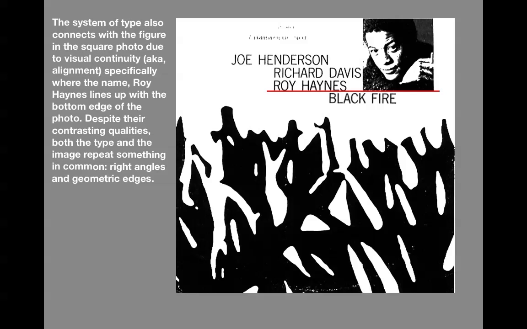The system of type also connects with the figure in the square photo due to visual continuity, otherwise known as alignment, specifically where the name, Roy Haynes, lines up with the bottom edge of the photo. Despite their contrasting qualities, both the type and the image repeat something in common: right angles and geometric edges.